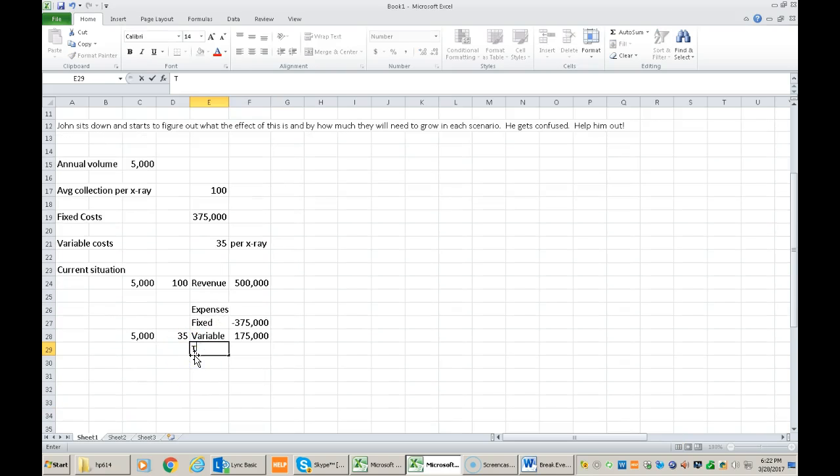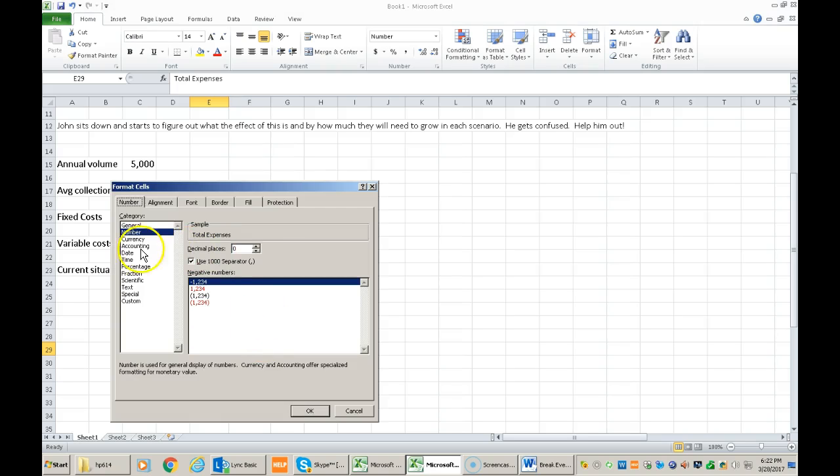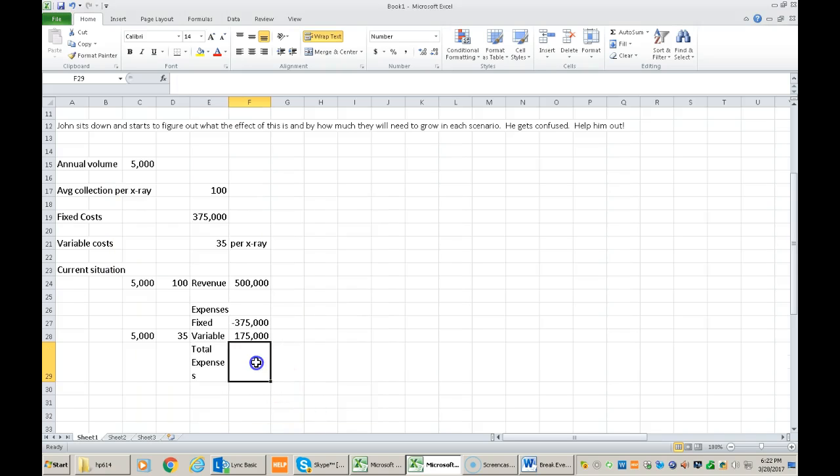So here, total expenses, and I'm just going to wrap these so it's all on one line. Okay. Total expenses are not that because I didn't do this as a minus.